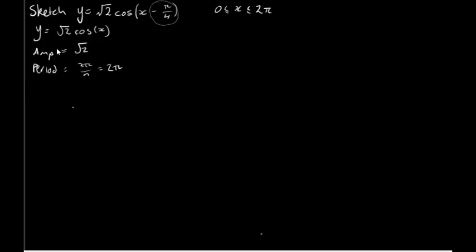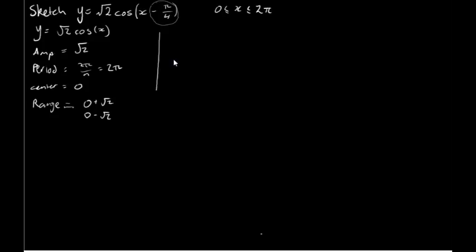And we don't have a vertical translation, so our center or equilibrium point is at 0. We can also look at our range, so our maximum and minimum. We start at 0, we go up square root 2, we also go below. So we get plus and minus square root 2 for our range.